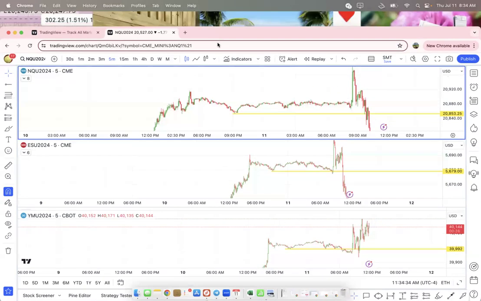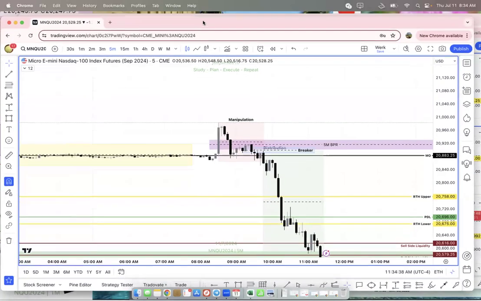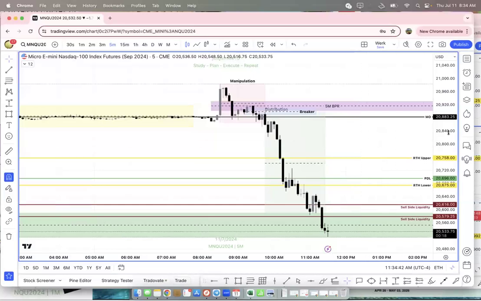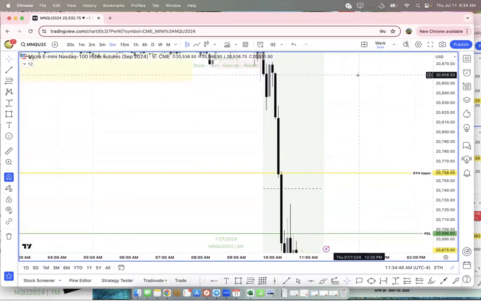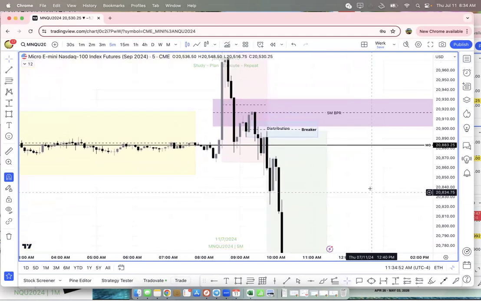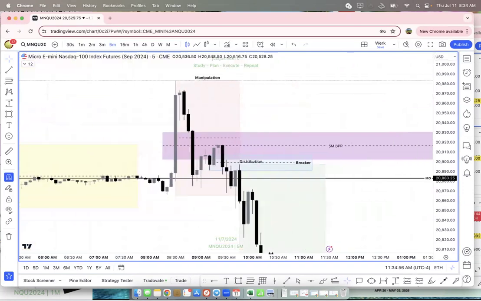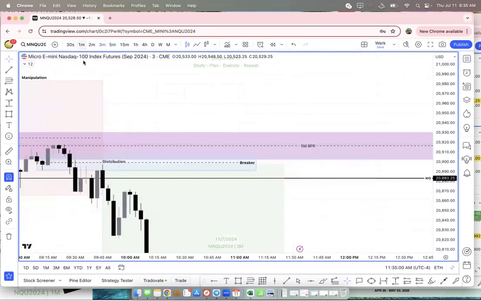Can't believe it. I mean, it's really that easy, but it's not easy. Don't get me wrong, because if it was, everybody on this call would have been in that short this morning. What messed me up was the SMT, and we were looking at this, let's see, were we on the 5-minute chart?